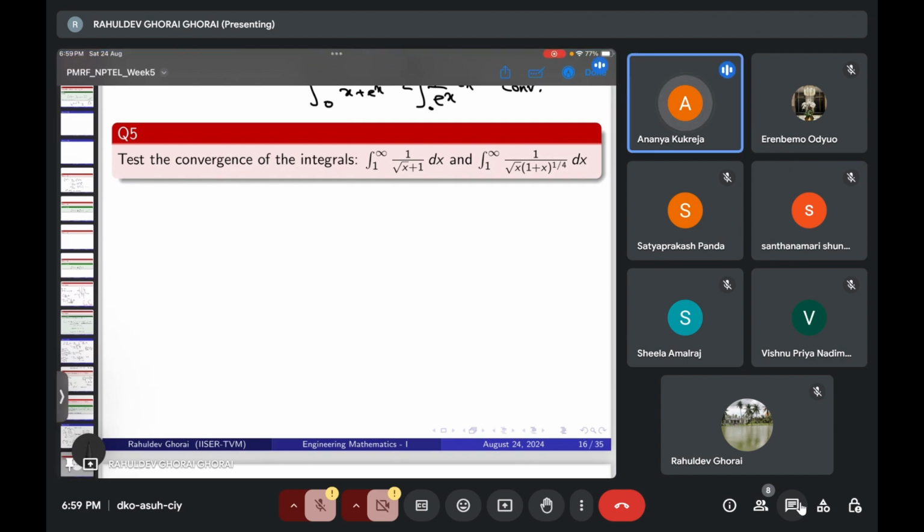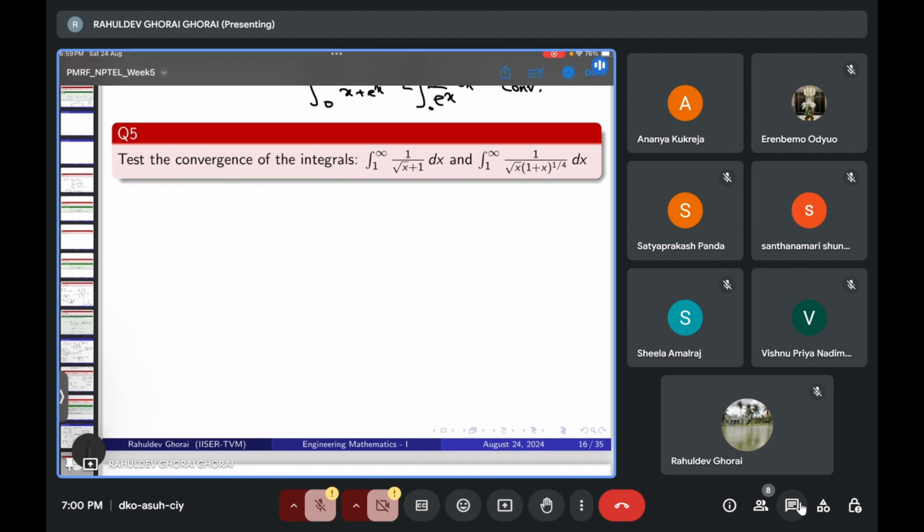For the first one, we can take that it is less than 1 divided by root x. Then with 1 divided by root x, x has power half, which is less than 1, so it will diverge. No, you cannot use the divergence criterion there.